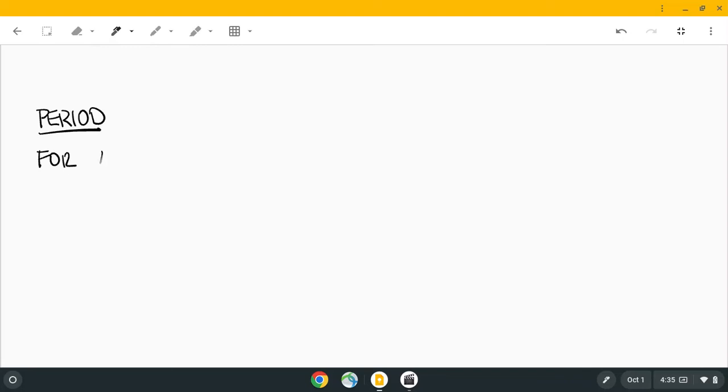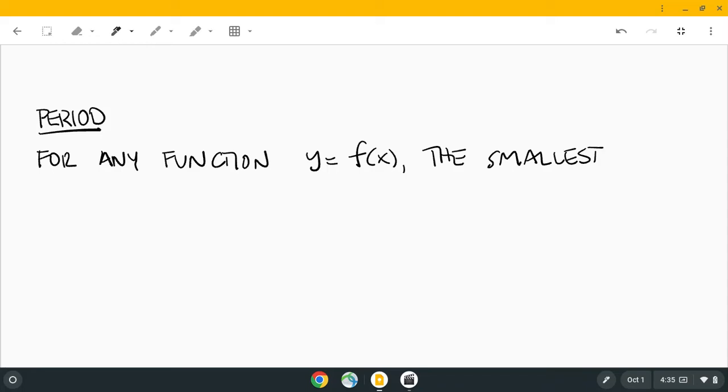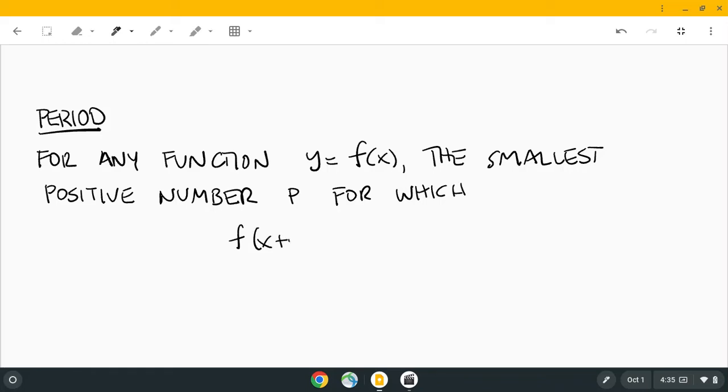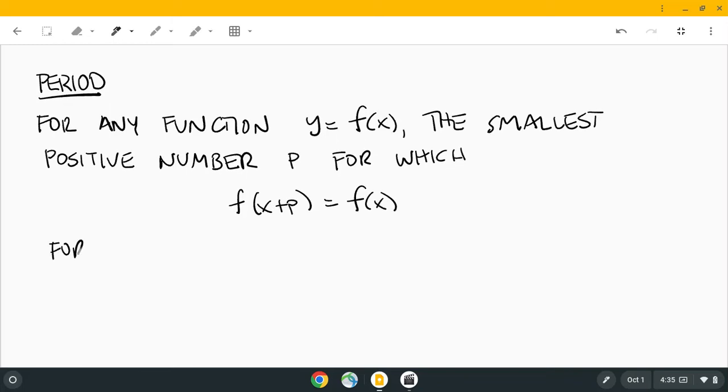For any function y equals f of x, the smallest positive number p for which f of x plus p equals f of x for all x in the domain of f is the period. What does this mean?